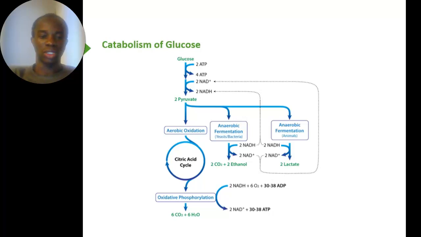ATP is a biological molecule that represents energy in biological systems. So along this process of breaking down glucose to carbon dioxide and water, ATP is produced, and that also implies that energy is generated.